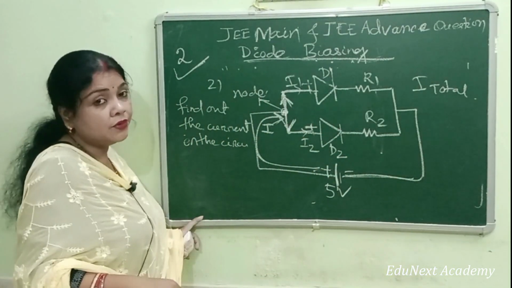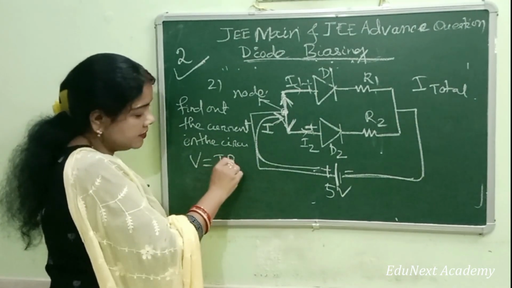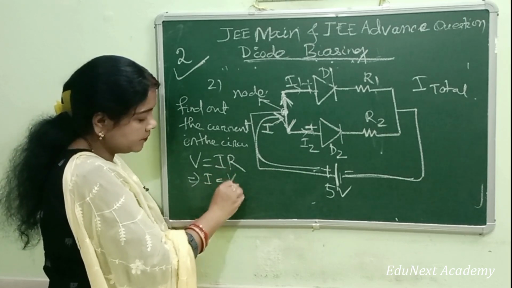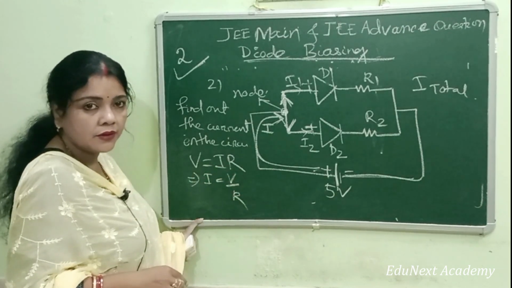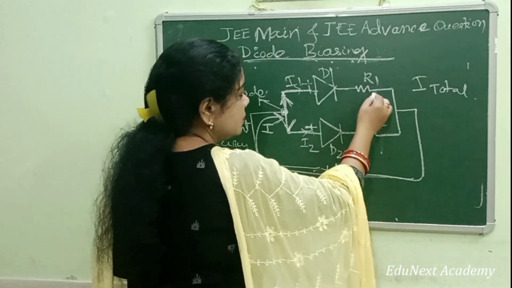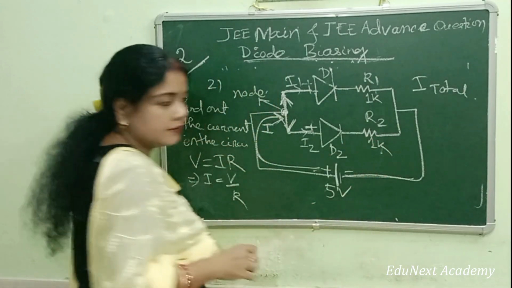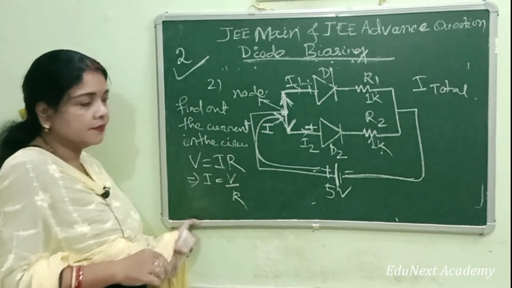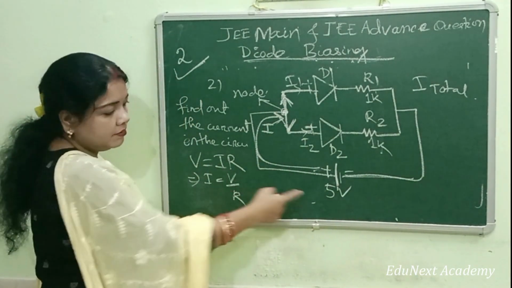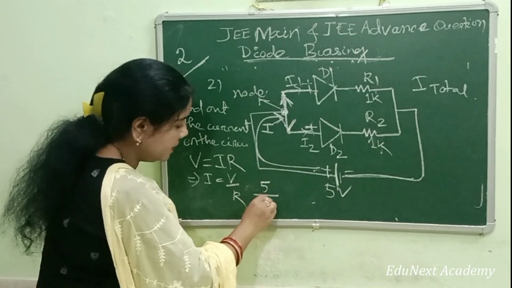Now you know Ohm's law, E is equal to IR, which implies I is equal to V by R. Suppose this is 1K and this is also 1K, 1 kilo ohm, for example. Now in the branch, V is 5 volt, that means 5 by 1K.